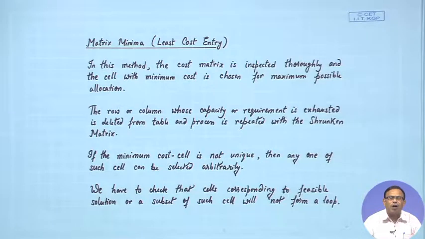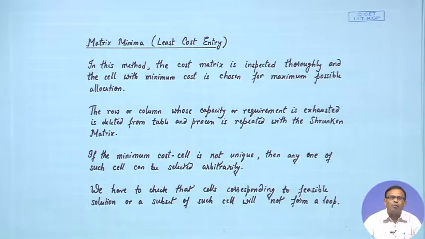We see all the cells of the matrix and we choose the cell which has the minimum cost. Please note this one, which has the minimum cost, and you allocate maximum. Then the row and column whose capacity or requirement is exhausted is deleted from the table and the process is repeated for the shrunken matrix, as we have seen for the earlier two cases.